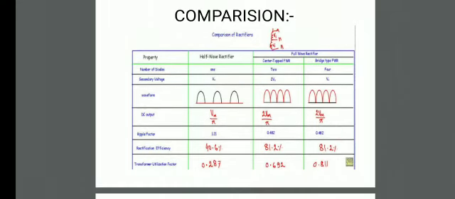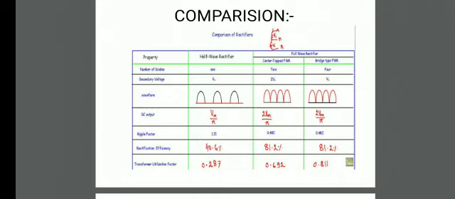We'll see the first parameter, that is number of diodes used. In half-wave rectifier, we have seen there is only one diode used. In center tap, there are 2 diodes used. In bridge rectifier, there are 4 diodes used. For the second point, secondary voltage of the transformer, in half wave there is Vm.